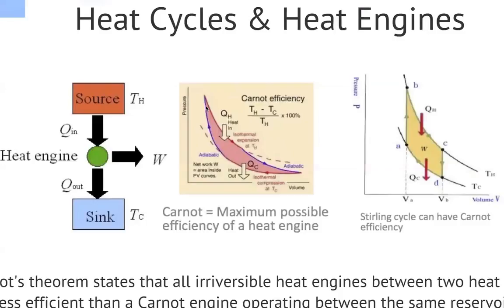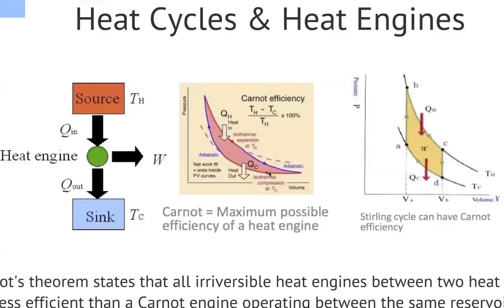The work done by this cycle is represented by the area under all these curves here. Okay, that's shown by this red curve right here. And that net work W is the area inside the PV curves. So if you think about the system, you have heat coming in, heat going out, which is this Q in and Q out, and the work done, which is the area under this curve.